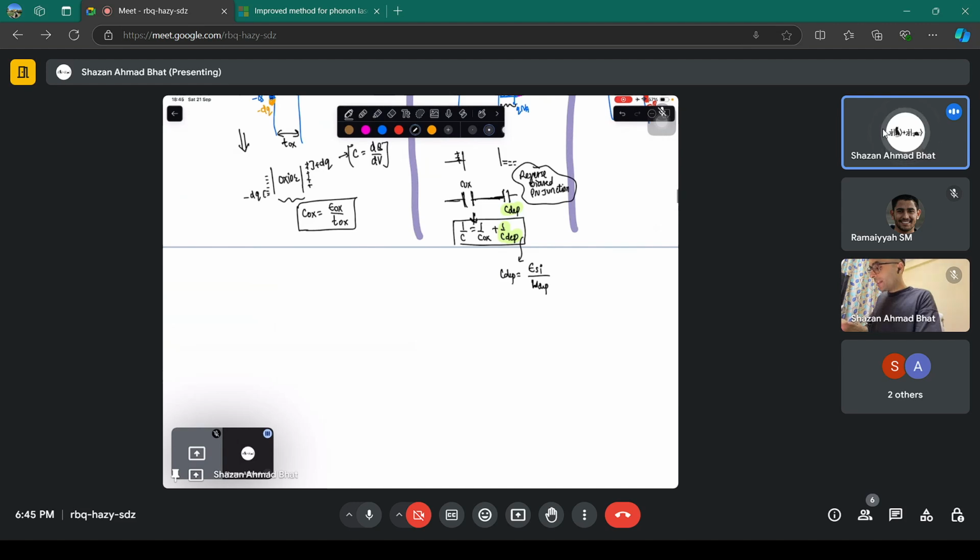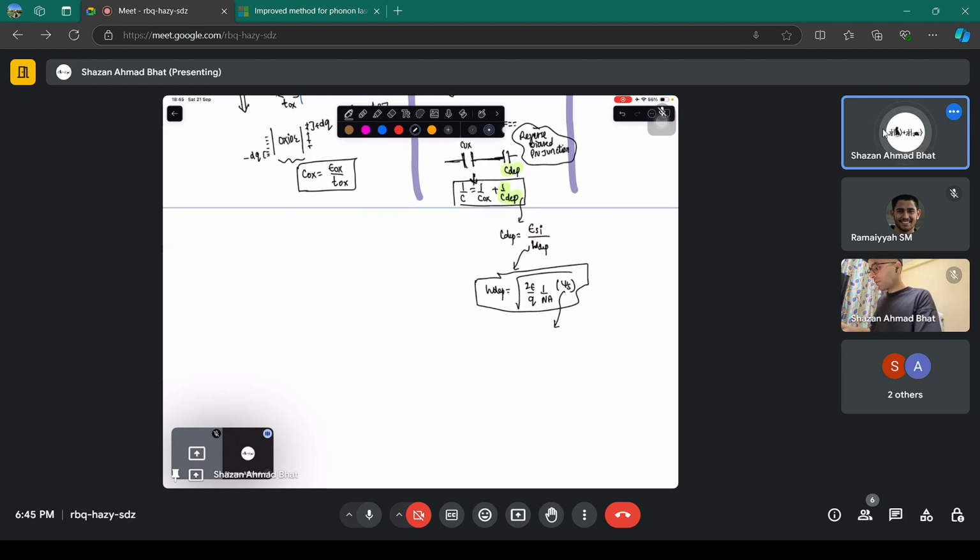And this depletion width is equivalent to the square root of 2 epsilon by q, times 1 by Na, times the surface potential. This is similar to that of a p-n junction: 2 epsilon by q, 1 by Na. There we had 1 by Na plus 1 by Nd, but you don't have any Nd here, so it's similar.